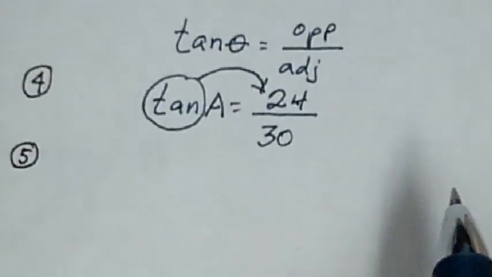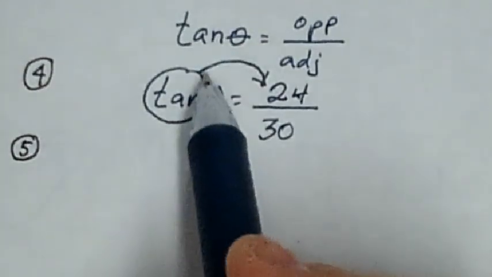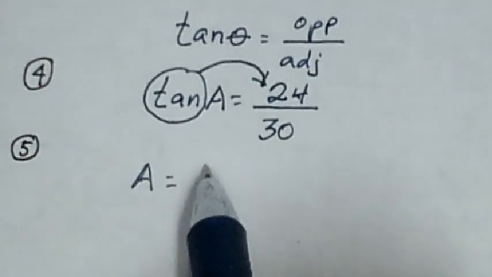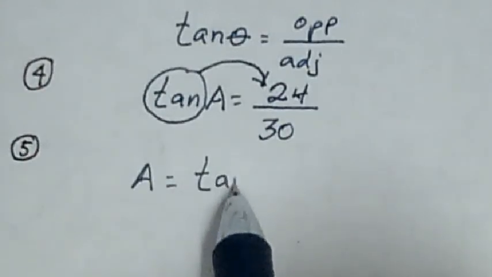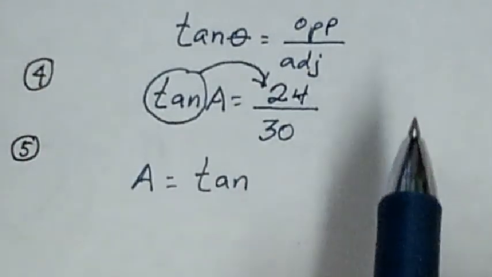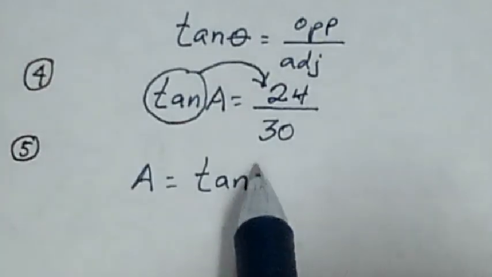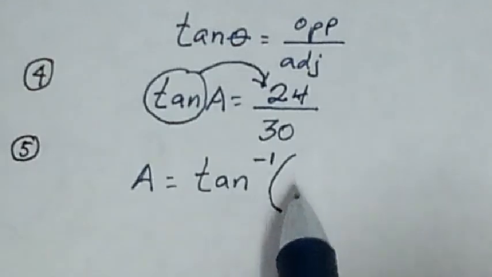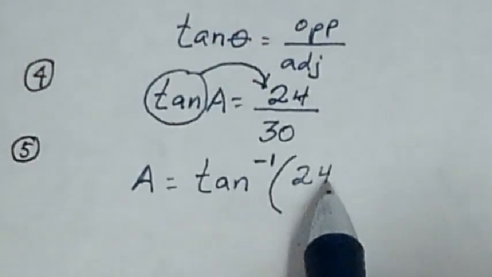And when you do this transformation, you're going to get A all by itself. But when you put the tan on the other side, you have to add a little extra feature. You got to put an exponent of -1 right there. And then you can apply the 24 over 30.